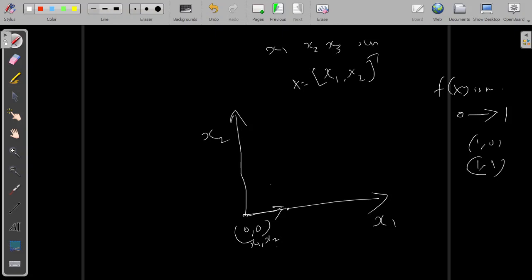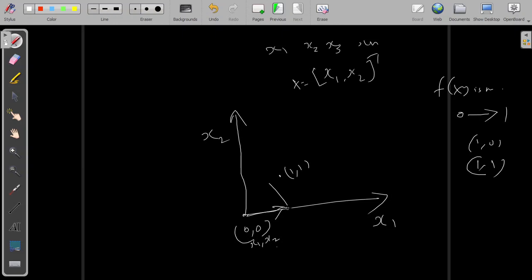Then we move in a direction parallel to the x2 axis, and we get 1 1.